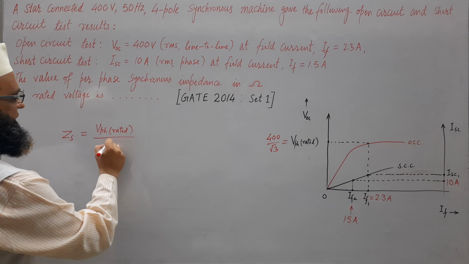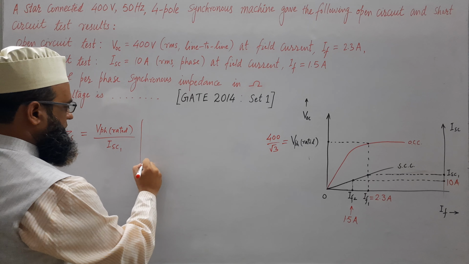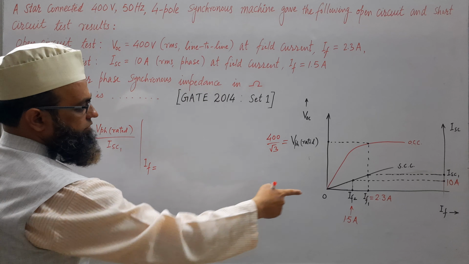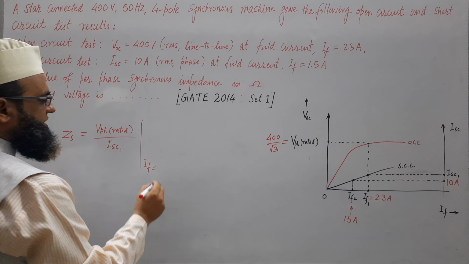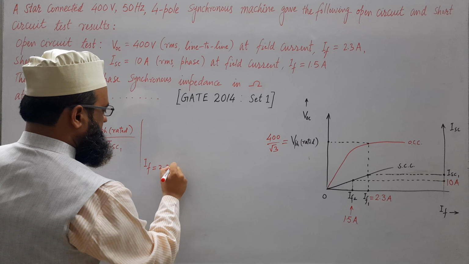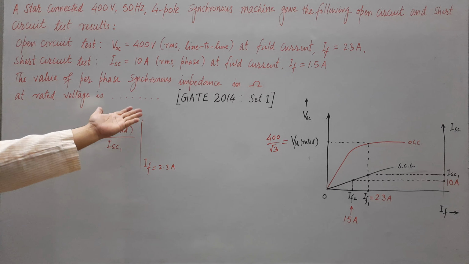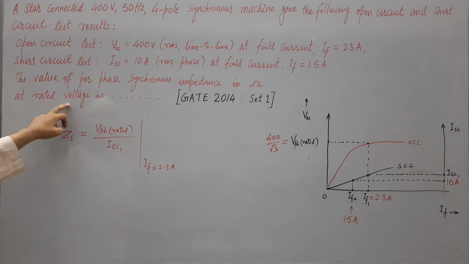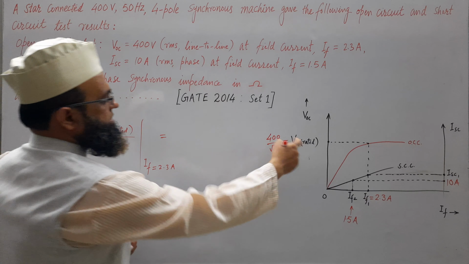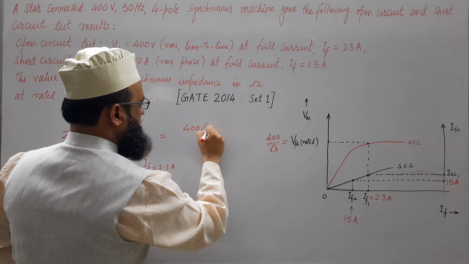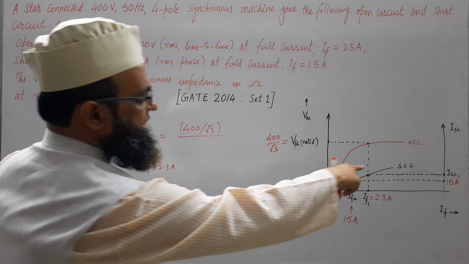The short circuit current is represented by ISC1 in this plot at the IF which gives rated voltage under open circuit test, that is 2.3 ampere. So ZS equals 400 upon root 3 upon ISC1, which we need to evaluate.